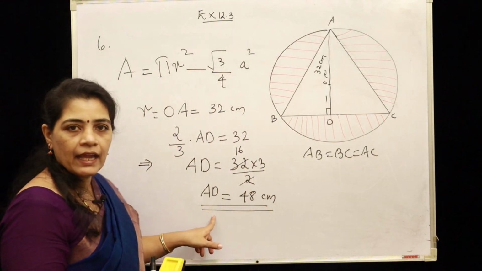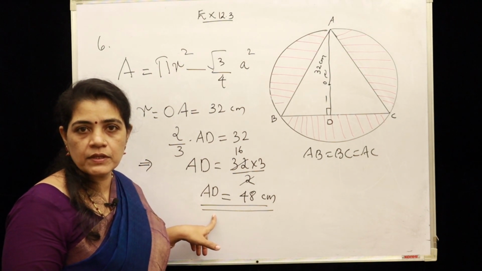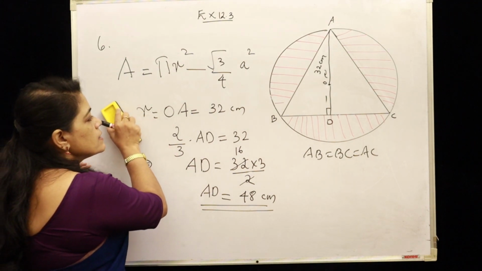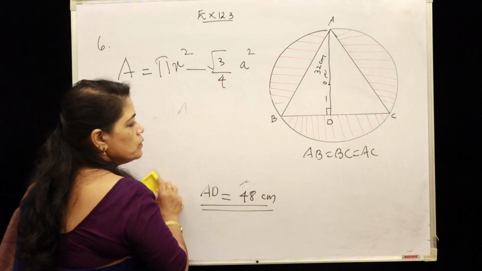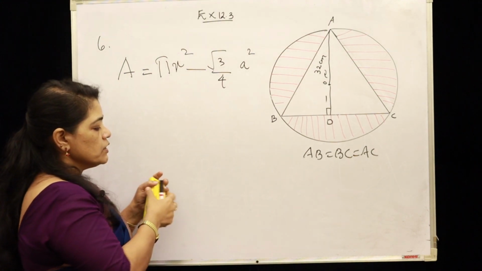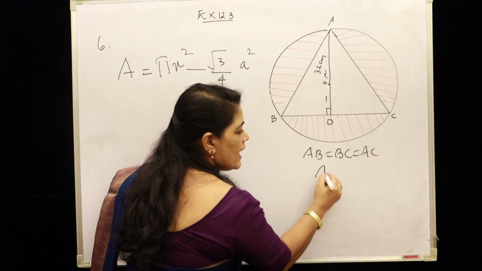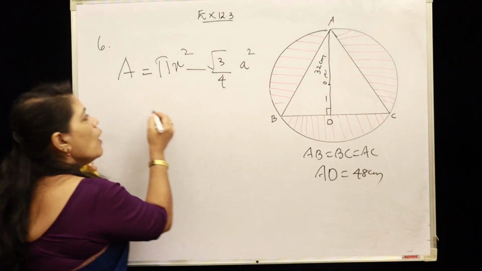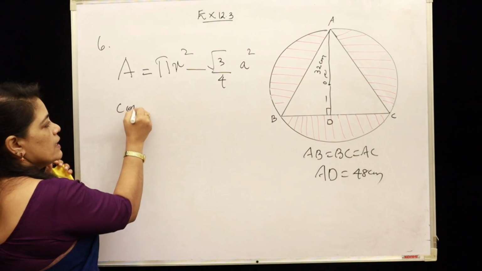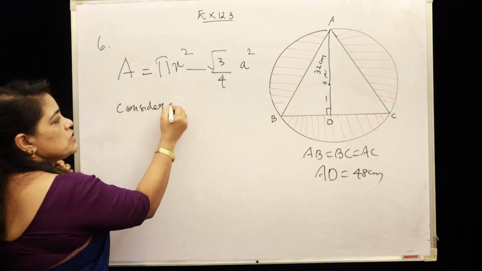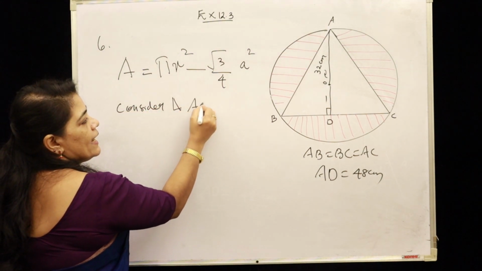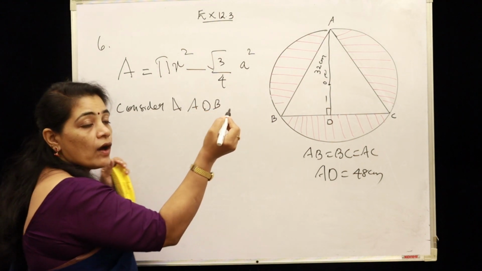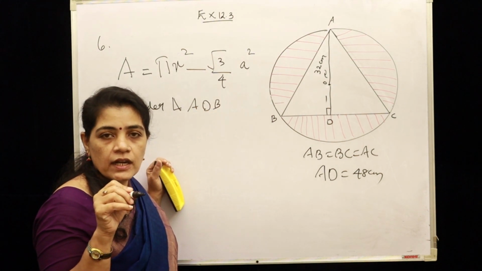We have seen that AD is equal to 48. I think that step is very clear to you people. So I am writing over here that AD is equal to 48 centimeter. Now consider right triangle ADB. I hope how this comes as a right triangle is clear.